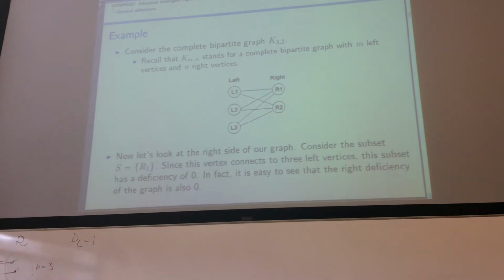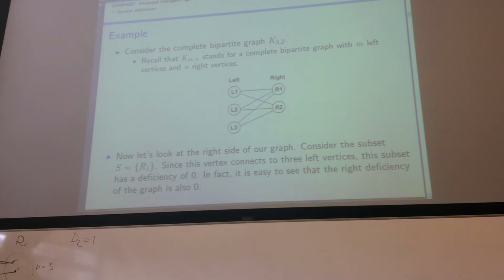What about the right deficiency? It's actually easy. Let's do it one by one, but then your answer will be immediate, in fact, because we have a complete graph and the right-hand side is smaller, so its deficiency is 0. Look at the subset that contains one node, R1.